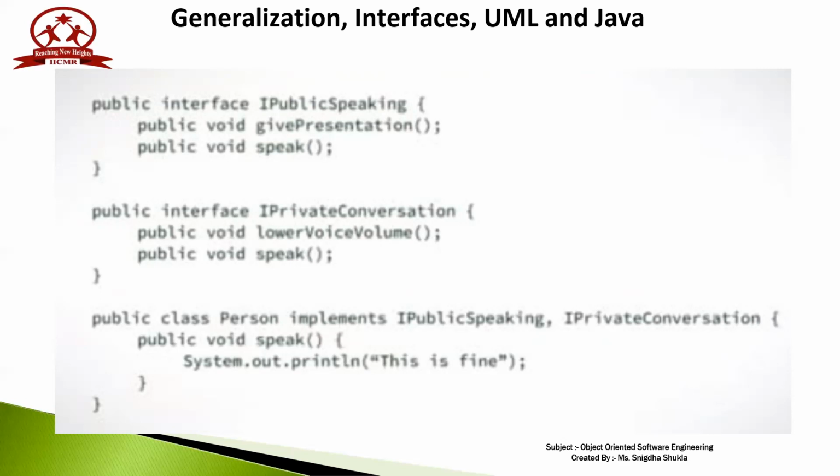So multiple inheritance is possible like this: the class Person implements IPublicSpeaking and IPrivateConversation, both interfaces have the same method, that is speak, and the body for the speak method is written in the class Person. So this is how we can achieve multiple inheritance in Java.